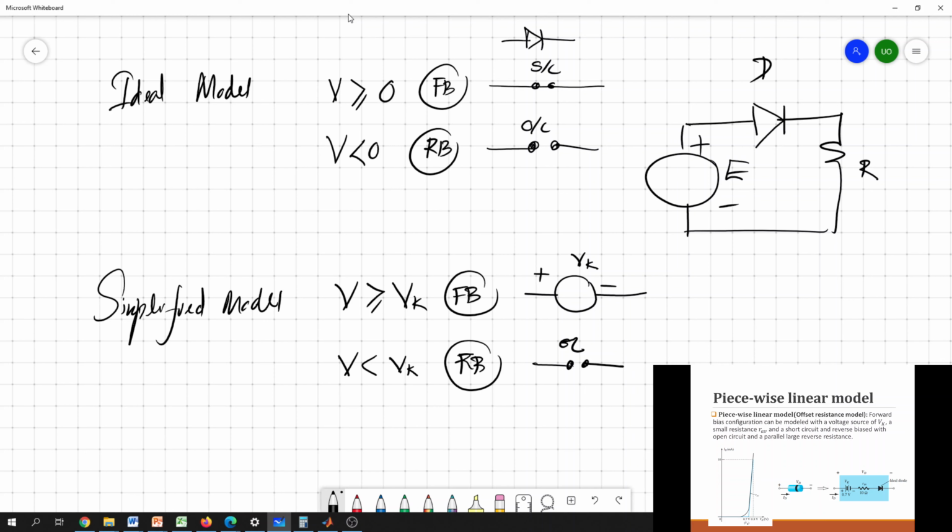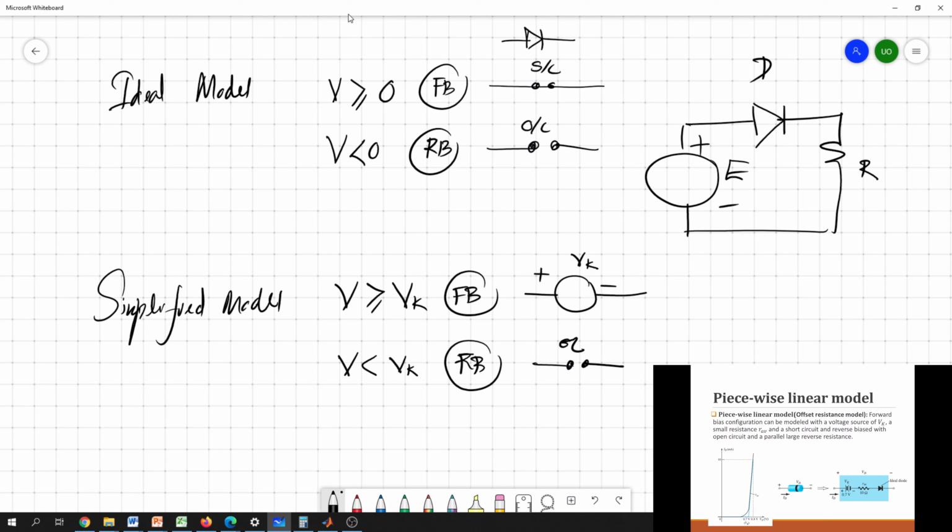We'll do a couple of examples in a later video. For the moment, we are using the ideal and simplified models for the latter part of the analysis. At the moment we'll simply avoid applying the piecewise linear model, but if you want to make it more precise, you can go for piecewise linear, or we can stick to the Shockley model.